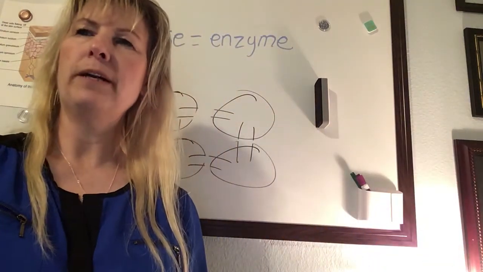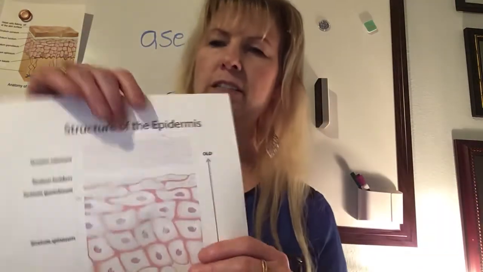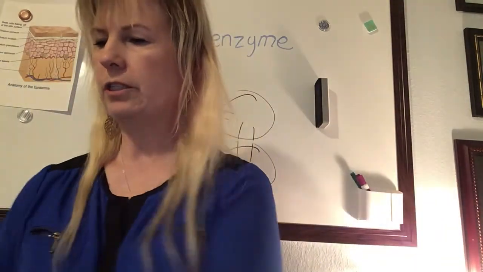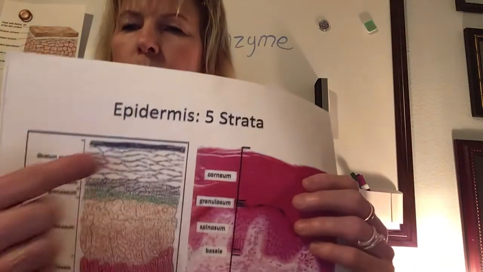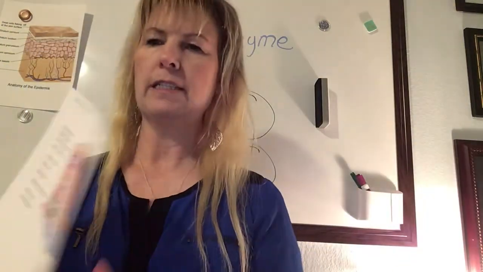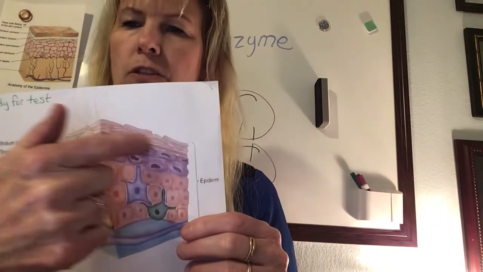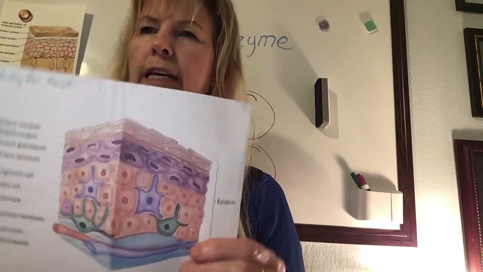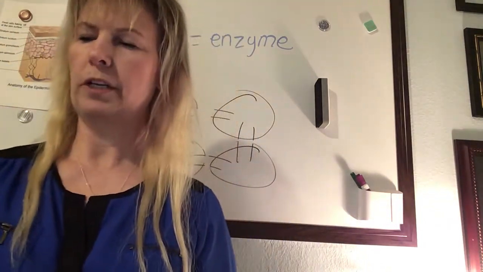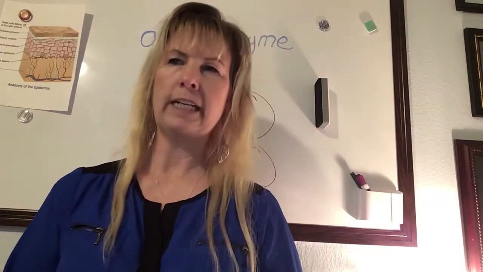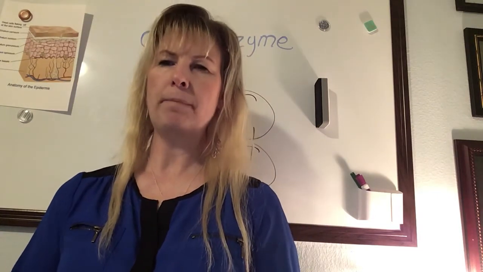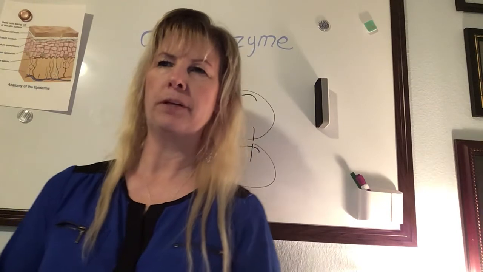Okay, so the stratum corneum, the very outer layer. It's kind of hard to see on this one, but there's the stratum corneum. I will show it to you on this one. That is the corneum. And then here, hopefully you can see it even better. This is the stratum corneum. Okay, so the stratum corneum is also known as the horny layer, and it's the top outermost layer of our epidermis.